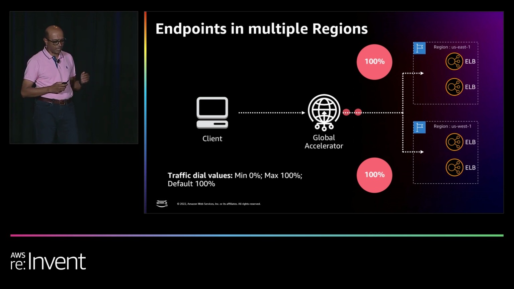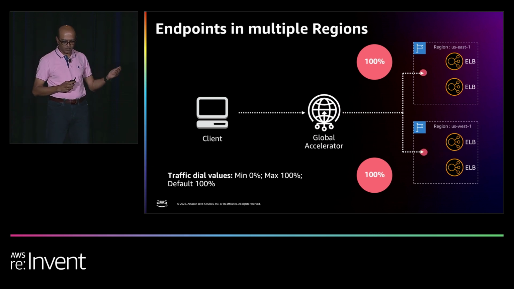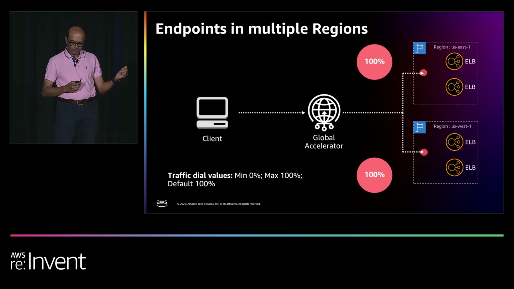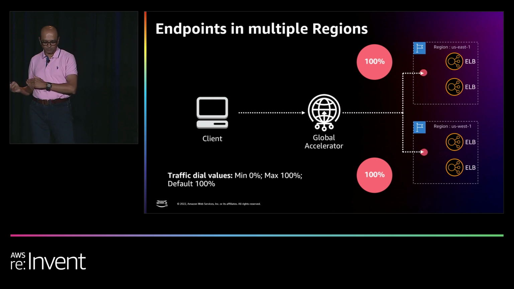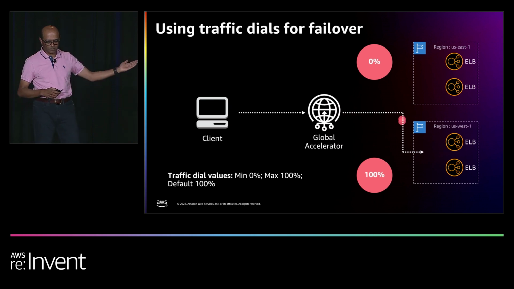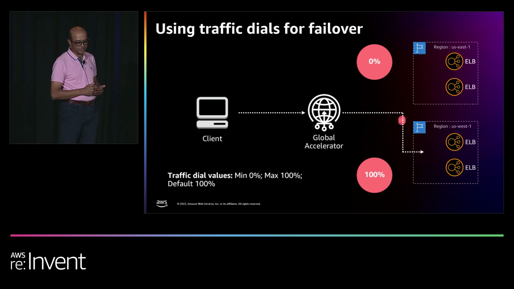So let's take the same example where you want to take your application down for maintenance and shift traffic to endpoints in a different region. So you can use traffic dials to accomplish this. You can also change the health of the targets behind the ALB in the region that you wish to upgrade to kind of steer traffic away from them. So for example, when you change the traffic dial to 0, basically you're redirecting traffic away from that region.